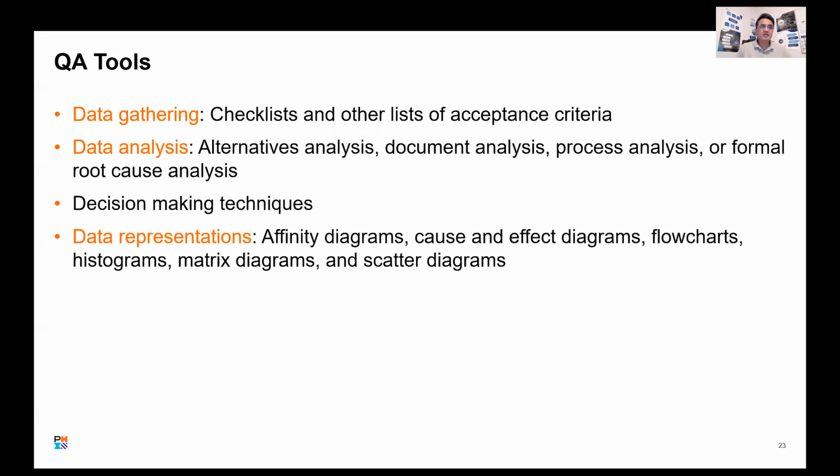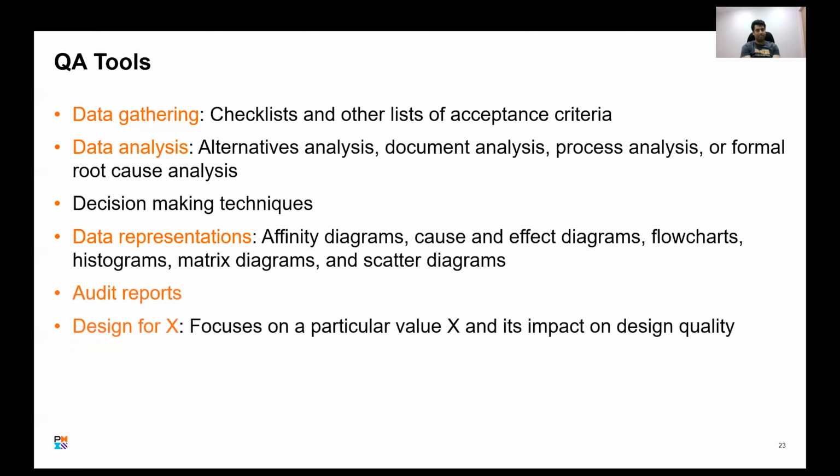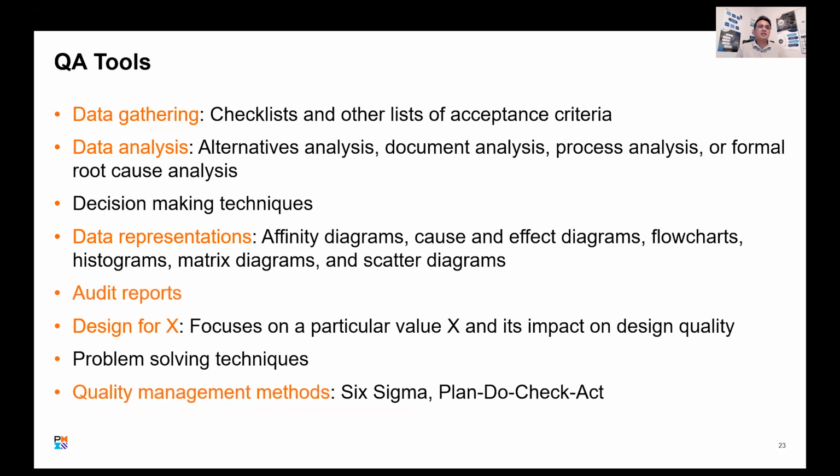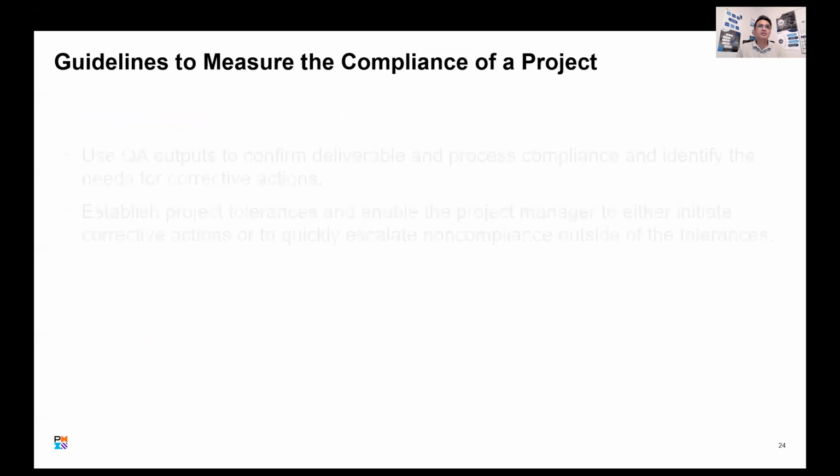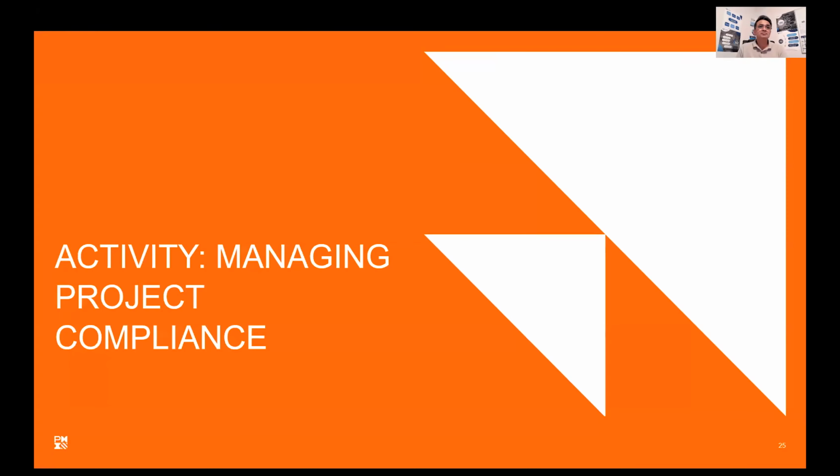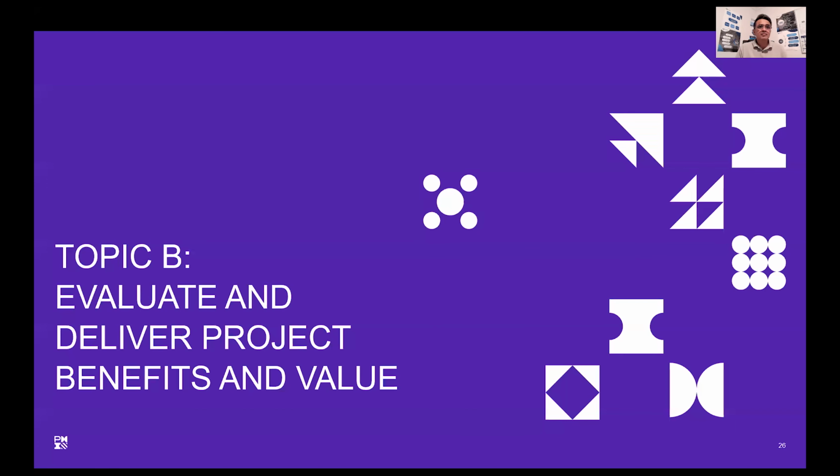You guys remember affinity diagrams? We talked about it. Flow charts, histograms, matrix diagram, scatter diagram. Yes, no? Yep. Okay. That's basically college years, going back to what we did. That's pretty much it.